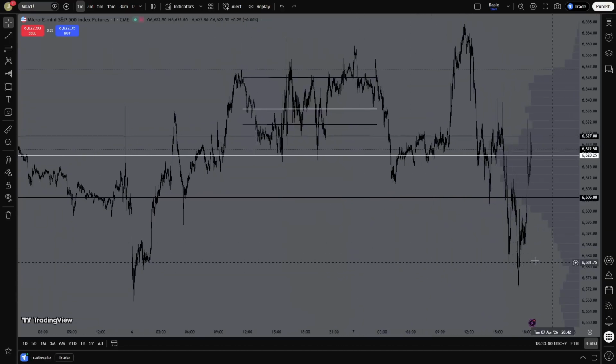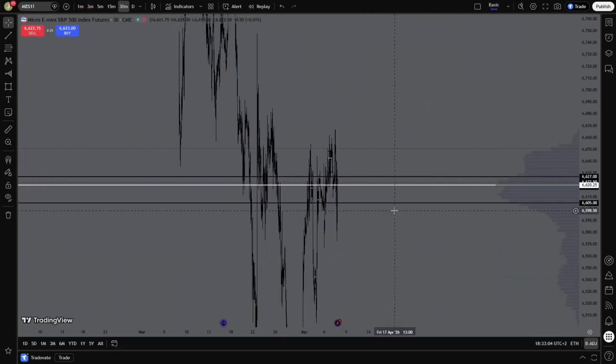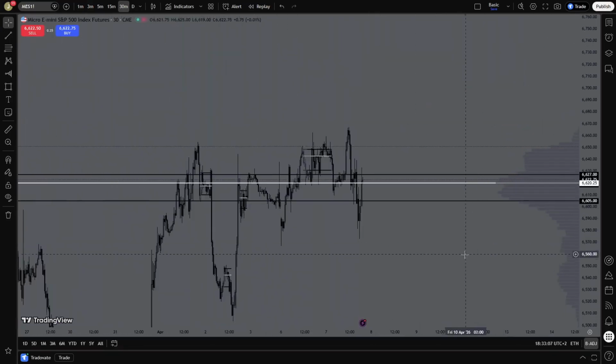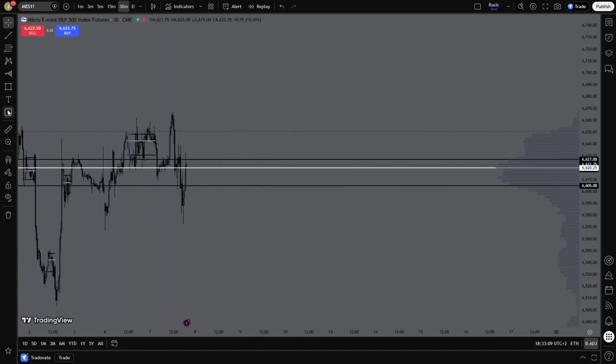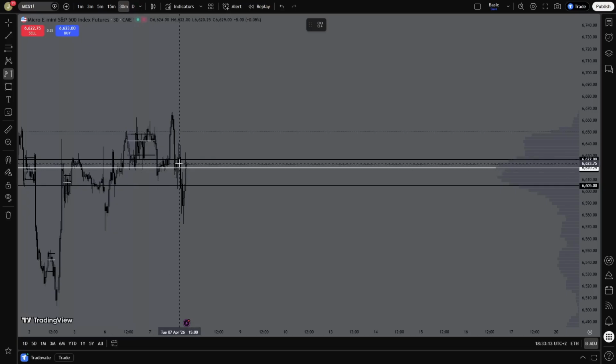And the last one is I use it for daily. So when I get my volume profile, I just go and I mark out the whole day from Europe's midnight. So it's 18:30. I'll just go mark out the start of the day till now.